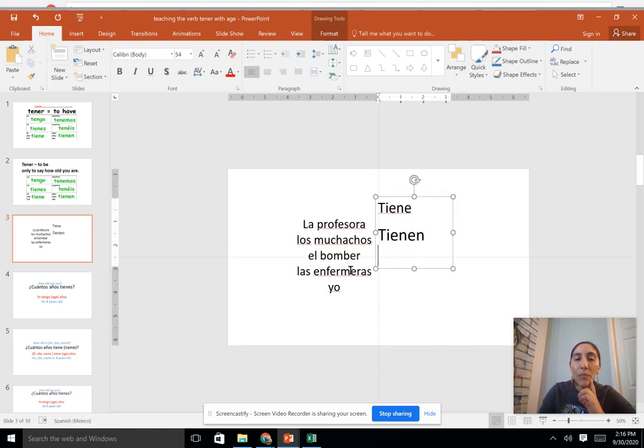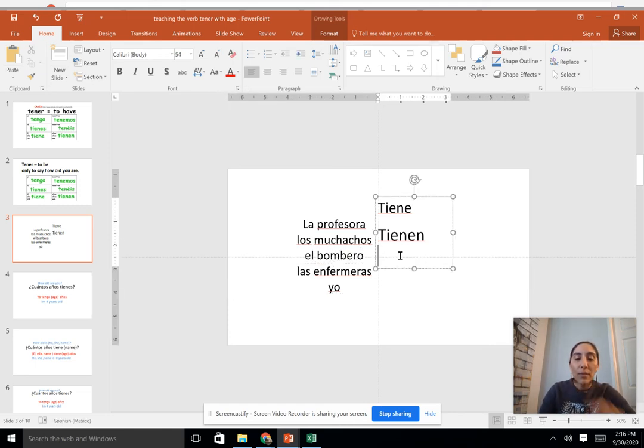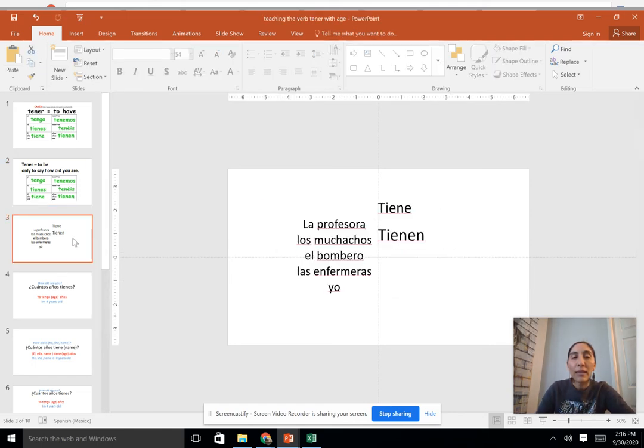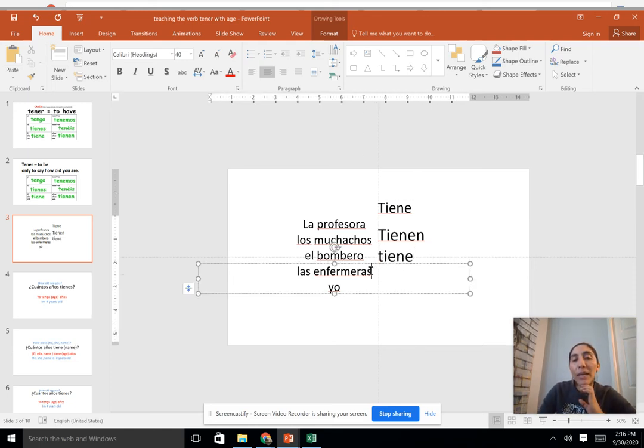What about el bombero? What do you guys think? El bombero is a guy, so él tiene. So I'm going to say tiene. Now las enfermeras. The nurses.